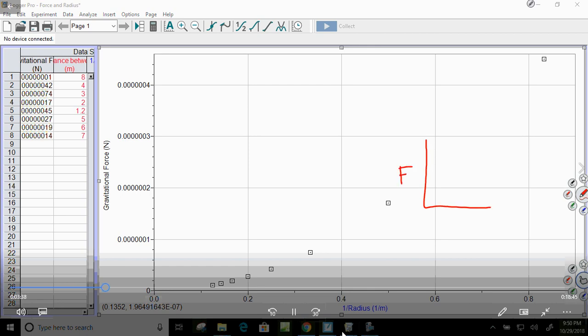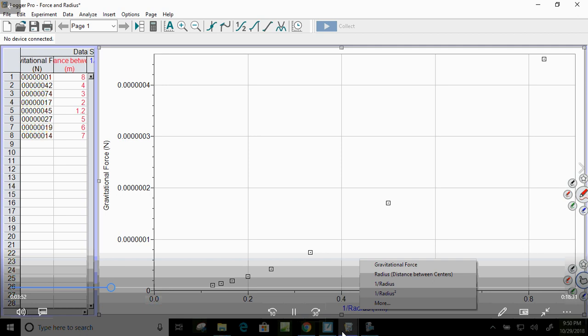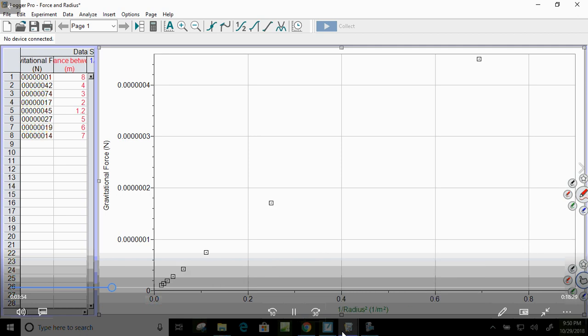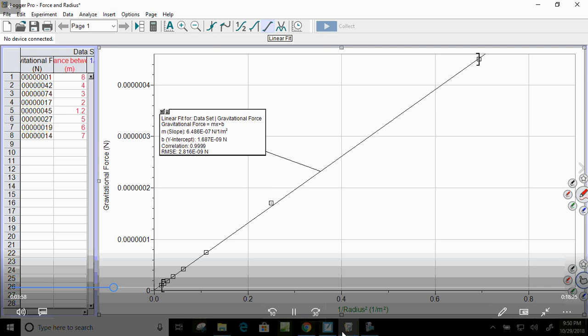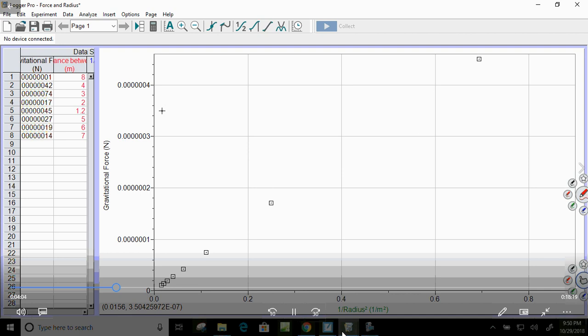So I'm showing you on the screen now that you're going to graph force and 1 over the radius quantity squared, which is just 1 over radius squared. Okay, so we graph that, and let's see what happens when we graph that. And we get a linear relationship. Nice linear fit. So that tells me that force has a linear relationship to 1 over r squared.